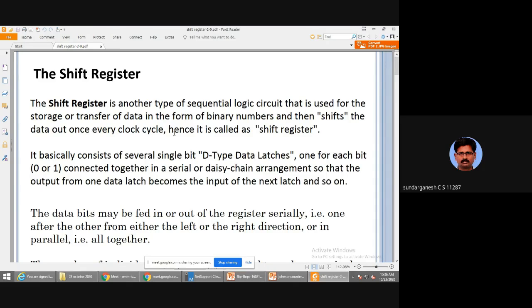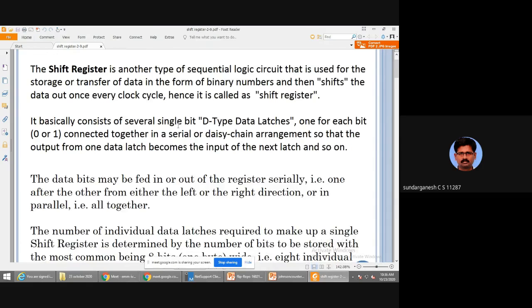You can feed the data input, or take the data output, either serially or in parallel. You can either shift right or shift left.